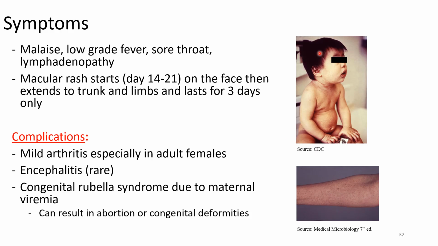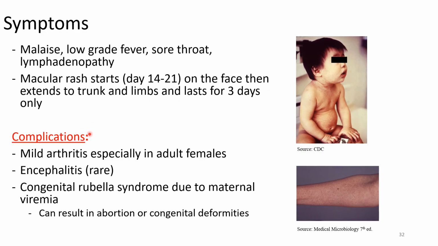And remember, it's called a 3-day measles. Okay, so this is different from the measles, which has a longer duration of rash. It's called the German measles or the 3-day measles. Okay, you can see here a baby with this petechial rash.